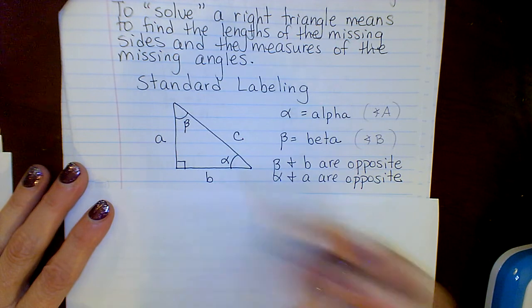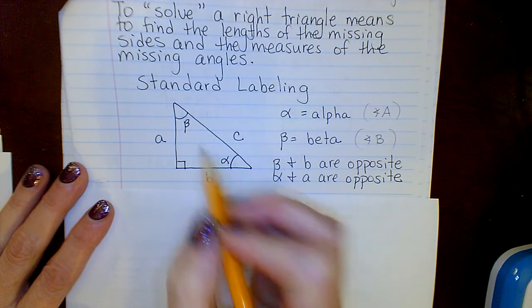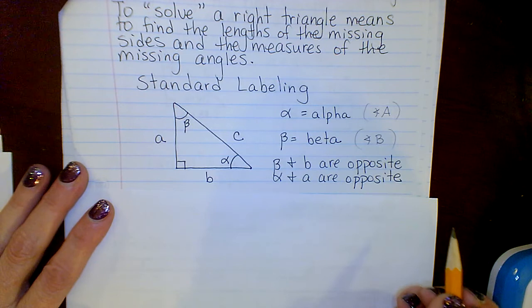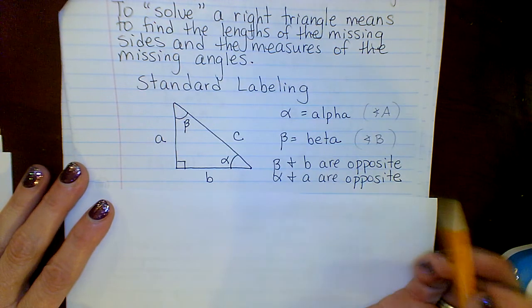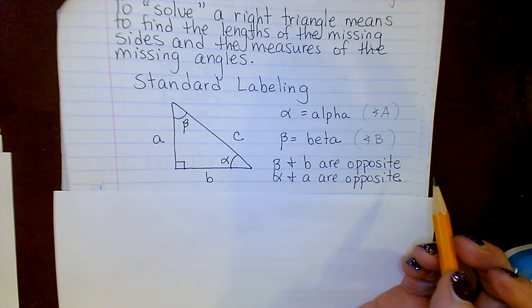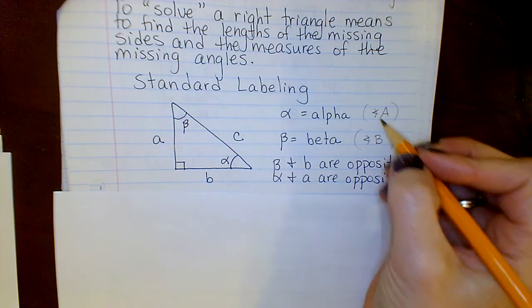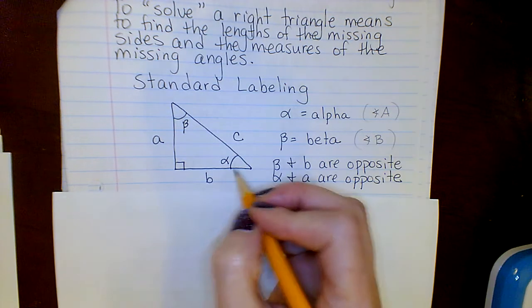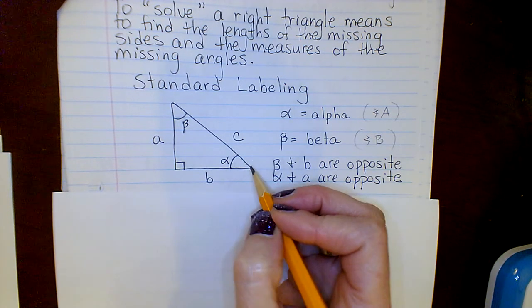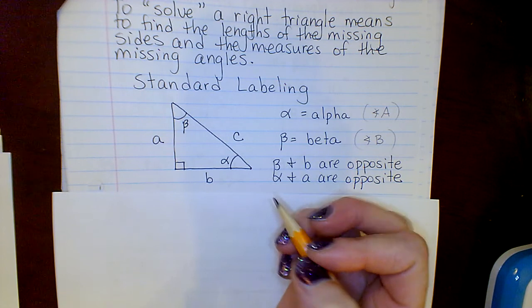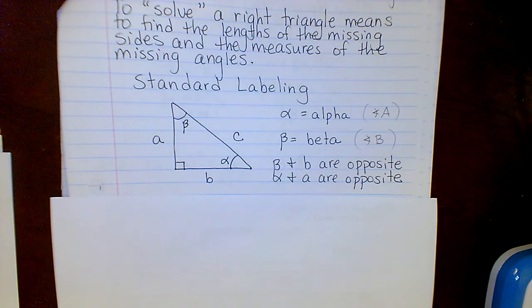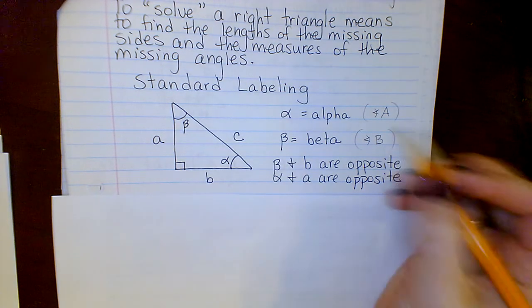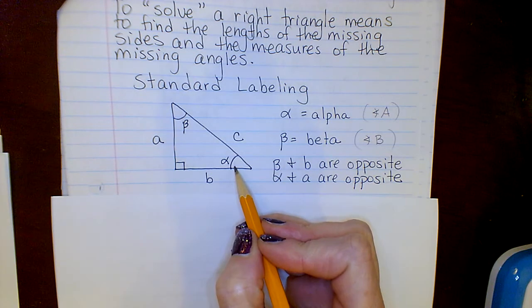Alpha is always opposite A. Beta is always opposite B. I do that because in your book and in WebAssign, they'll use the symbol angle capital A. I don't want to call this capital A because then as I'm talking, you don't know if I'm talking about side A or angle A. So to avoid confusion, and because it's very common to use Greek letters for angles and normal letters for sides, just know that angle A is the same as what I'm calling alpha.